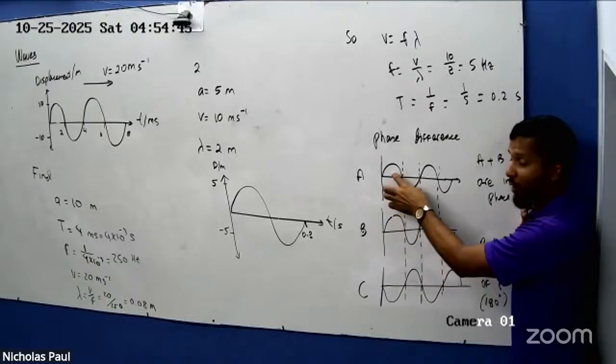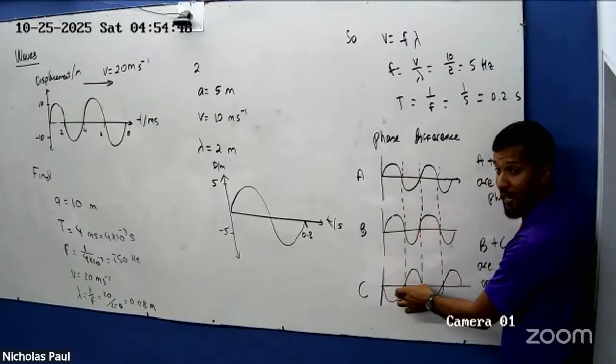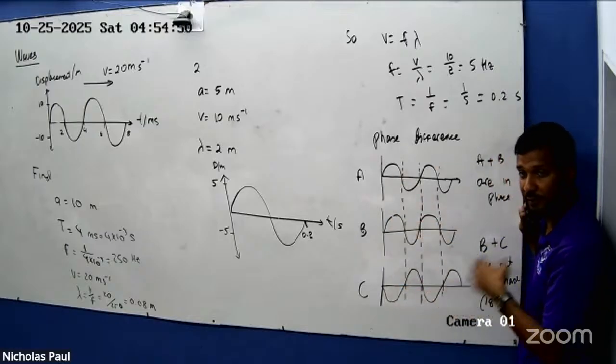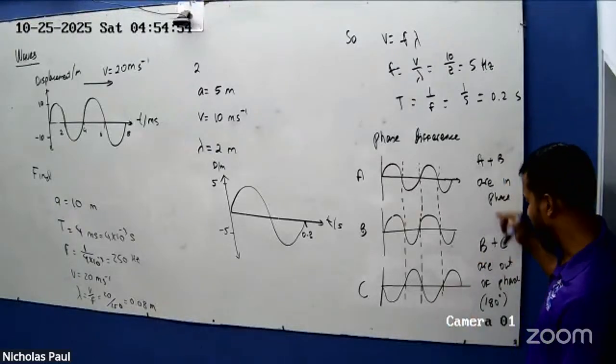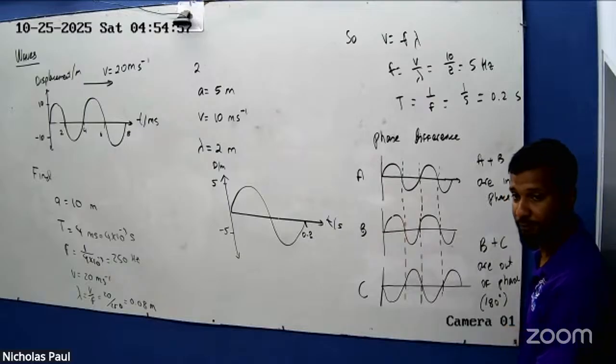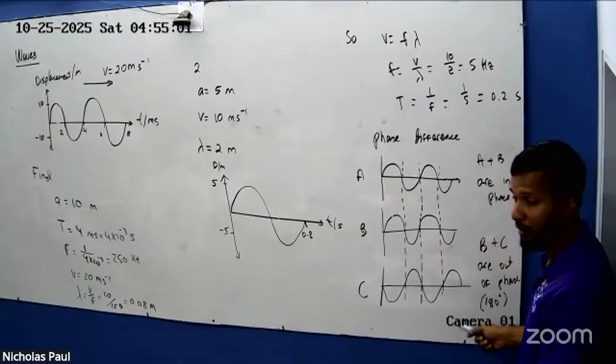Crest and crest, in phase. Crest and trough lining up, out of phase. And of course, there's a lot in between, but for now you don't have to learn that. You just have to understand in phase and out of phase.